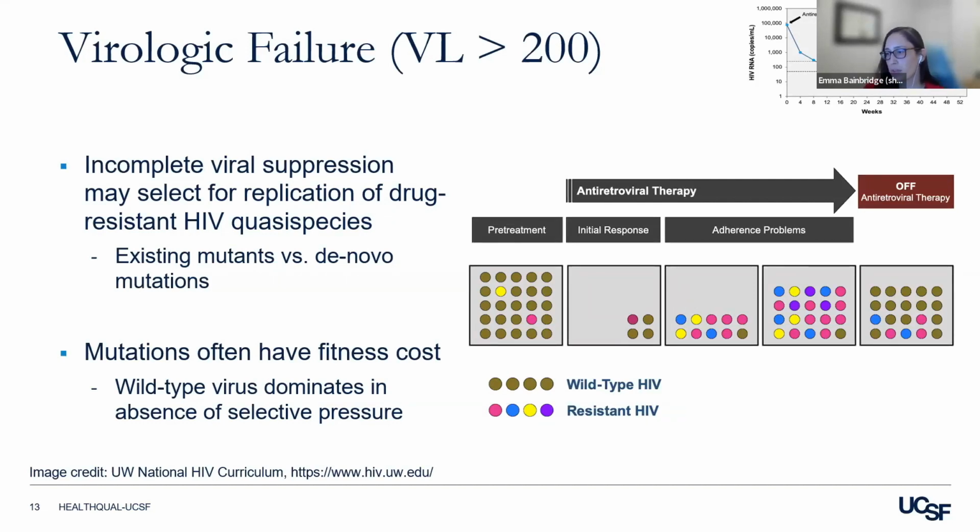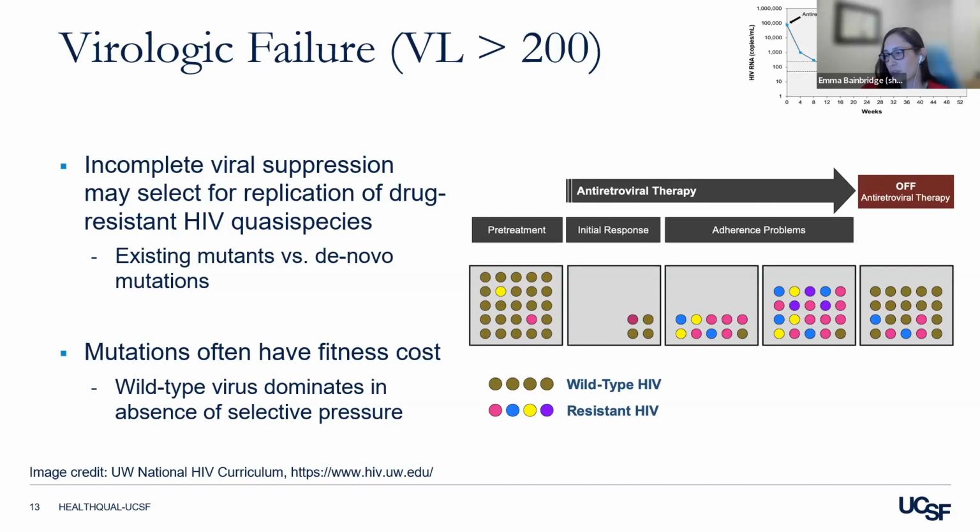So walking through this graphic here on the right, the first square is your population of HIV in a pre-treatment individual. Most of those virions are going to be wild type HIV, and that's because wild type HIV has the best fitness, meaning it's the most able to replicate and becomes the most prevalent.